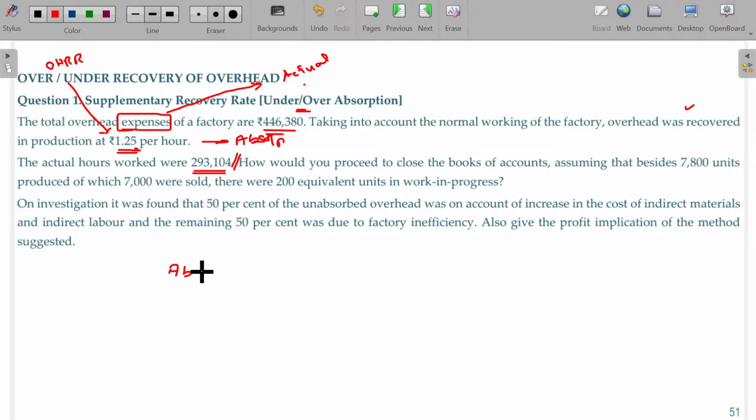What about the absorption? 2,93,104 hours, amount recovered at the rate of rupees 1.25 per hour. Come on, get me the total value here. Three lakhs.